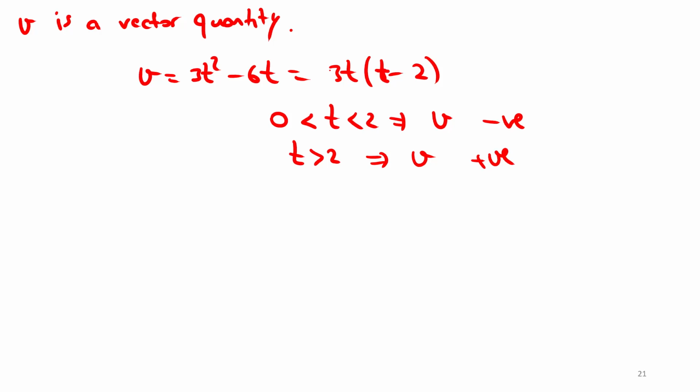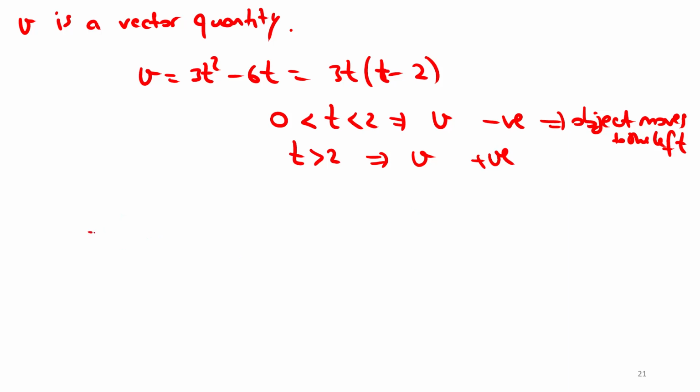So when the time is less than 2, the object moves to the left. If it is greater than 2, the object moves to the right.